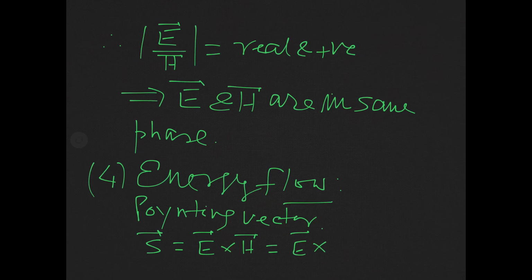And you know this H is equal to what? We have just found this expression. This is in fact n hat cross E over Z. I have written the expression in terms of Z. So now let us simplify the expression in the numerator, that is E cross n hat cross E, from the definition of the triple vector product.